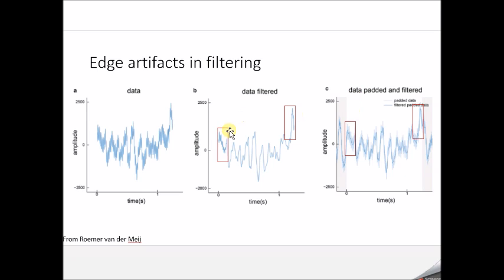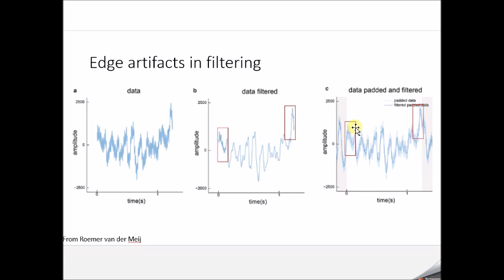So if this 1.5 seconds was the duration of a trial, you will likely have recordings before and after that trial. Keeping that data in there, the data before and after the trial, when you're filtering, will allow you to not have these edge artifacts.